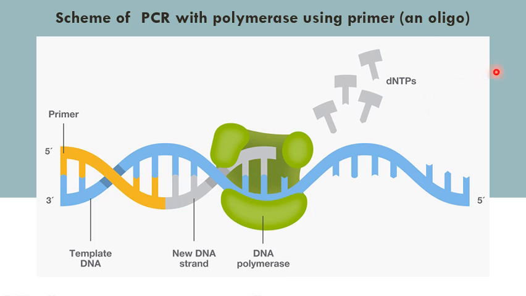So if we want to visualize what actually happens in the PCR reaction, we need a primer, as we said, and it will be designed according to our assay. Let's say the blue one is the whole DNA strand. You have to design your primer according to the flanking region that is ahead of your fragment and behind the end of your fragment.